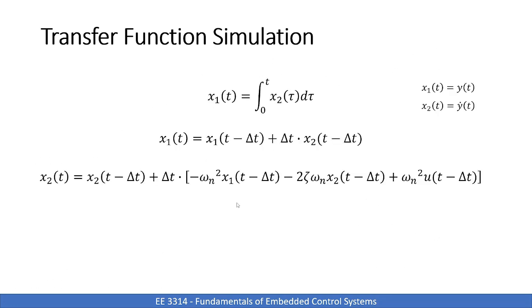Okay, so this is our integral estimation. All right, so hopefully that makes sense. This is basically our two equations that we're going to implement in the microcontroller. So we have x1 is equal to the previous value of x1 plus delta t times the previous value of x2, which is the slope.